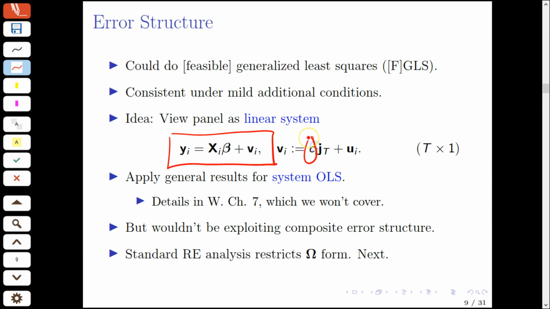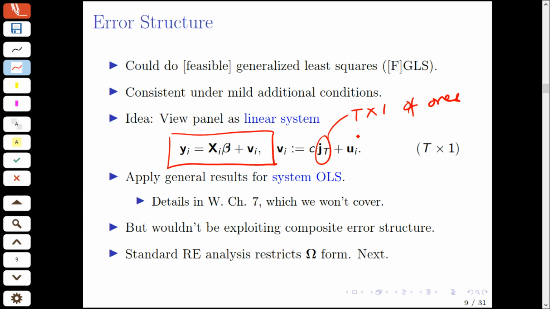One is a vector of the individual effects, which don't vary over time. Recall that j_T is our notation for a T×1 vector of ones. And the boldface u_i simply stacks the idiosyncratic errors over time for a given individual.